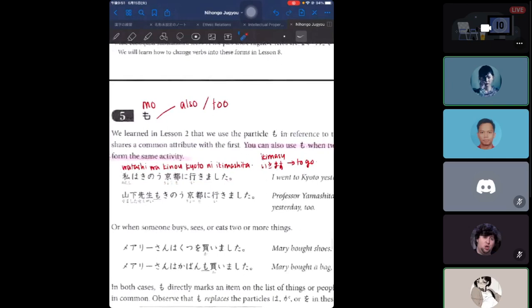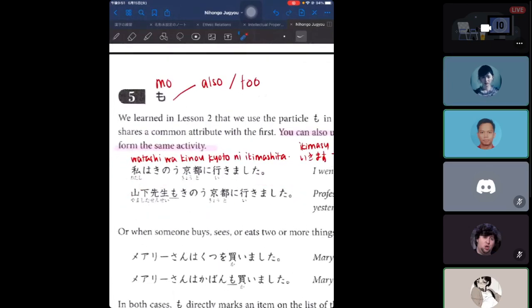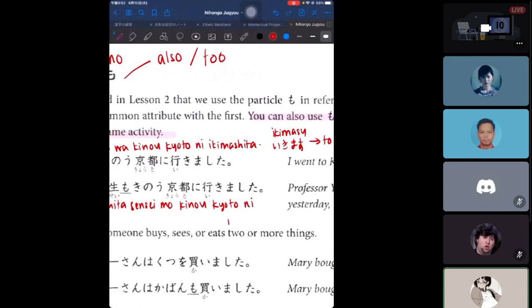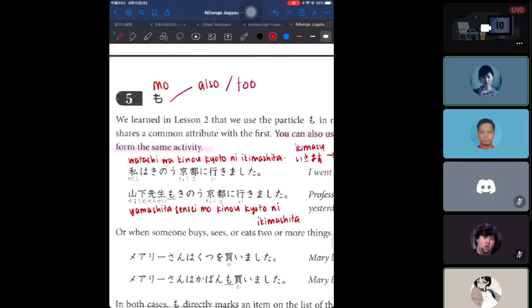So next one, Shazia, also read this because it's basically the same. 山下先生も昨日、京都に行きました。 そう。No worries, understandable. 大丈夫だよ。山下先生も昨日京都に行きました。 So in this case, they want to say that Yamashita sensei also went to Kyoto.